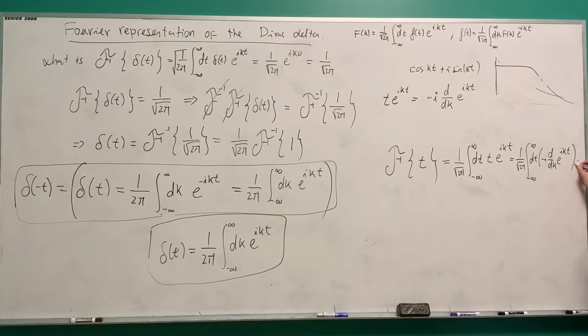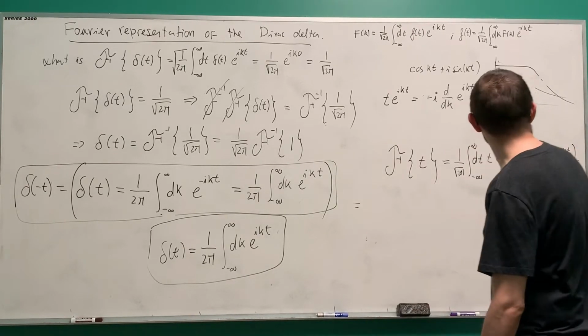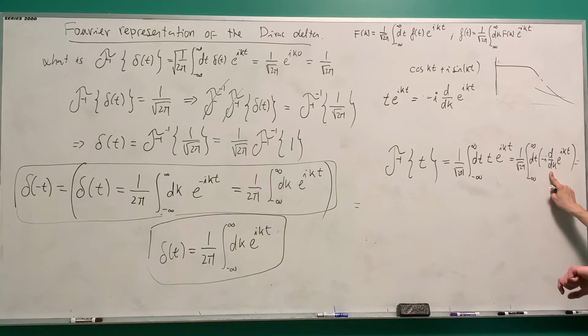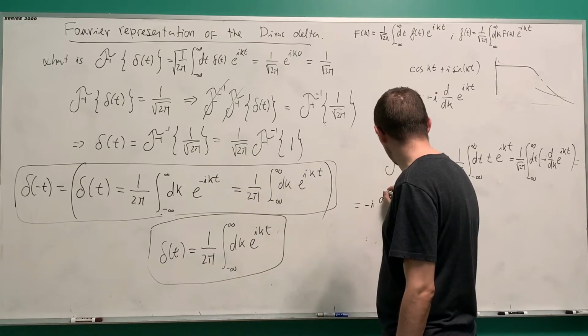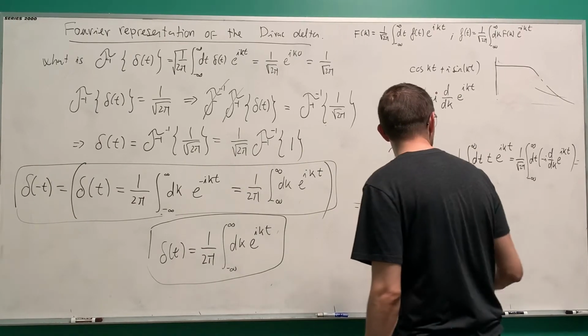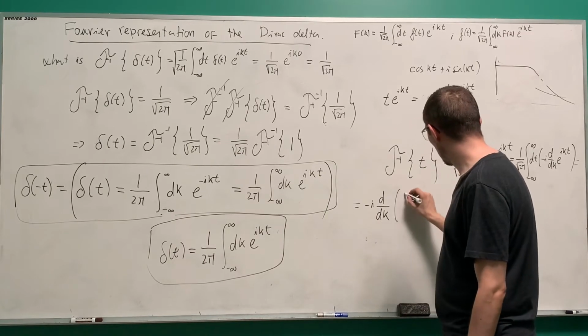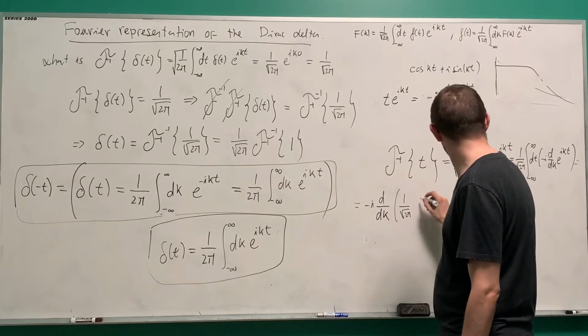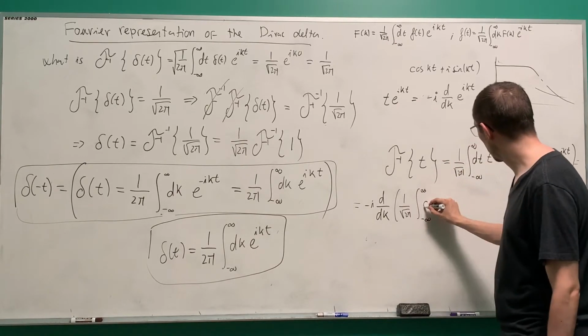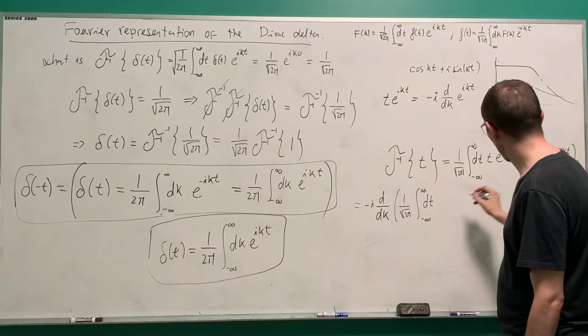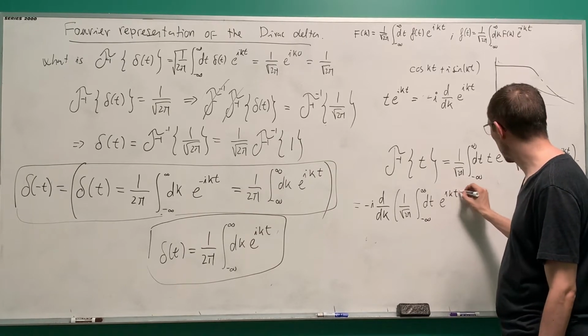Awesome. Now, that derivative with respect to k can jump the integral with respect to t. It's a different variable, right? So I'm integrating with respect to t. Okay, let's do it. So this thing is the minus I derivative with respect to k of 1 over root 2 pi, the integral from minus infinity to infinity dt of e to the I kt.